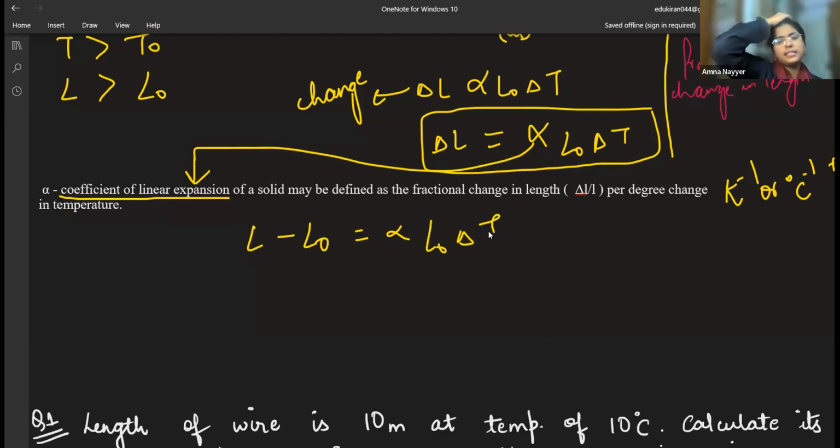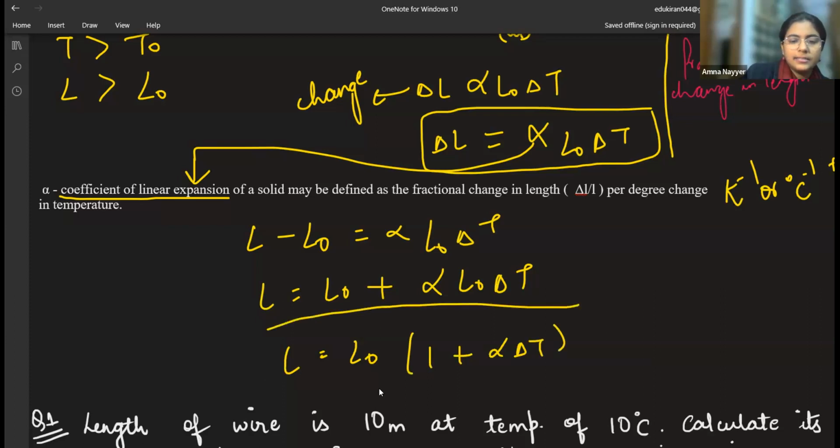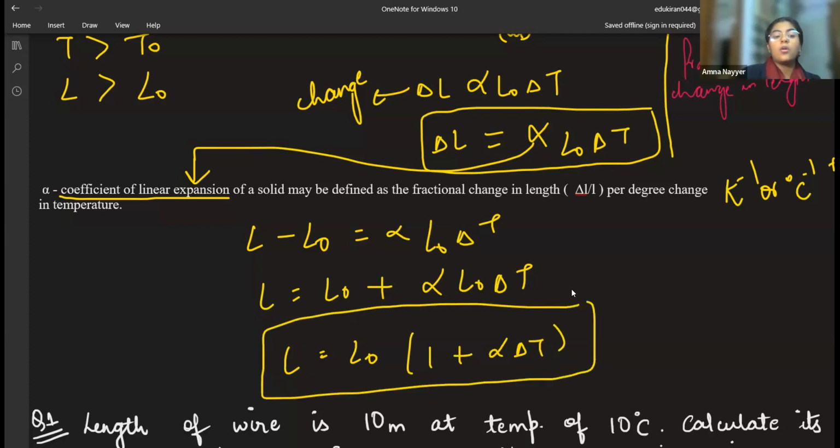Let's bring this L naught over this side. So this will become L is equal to L naught plus alpha L naught delta T. What can we do common for the last step? We can at least take L naught common. So we are left with 1 plus alpha delta T. What are all the quantities?